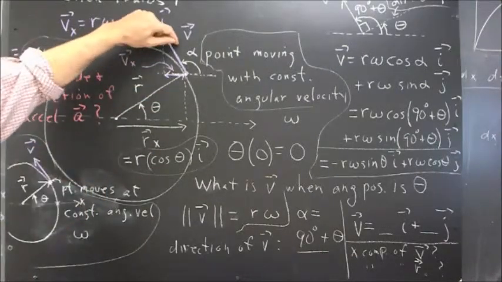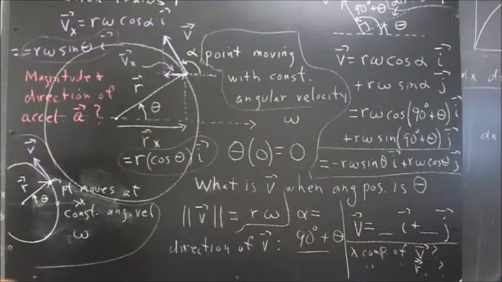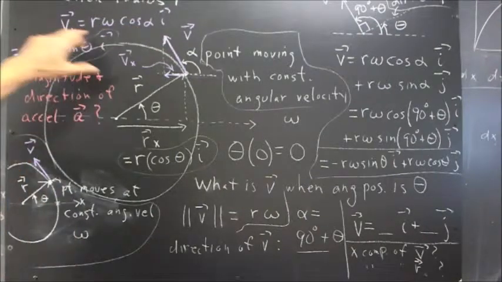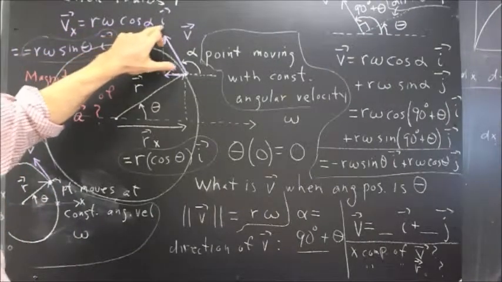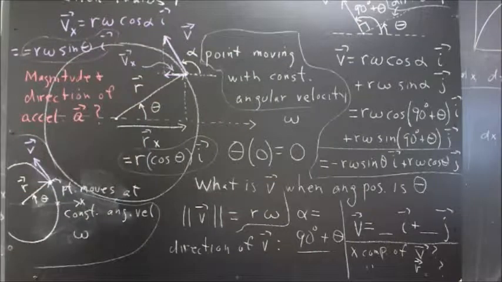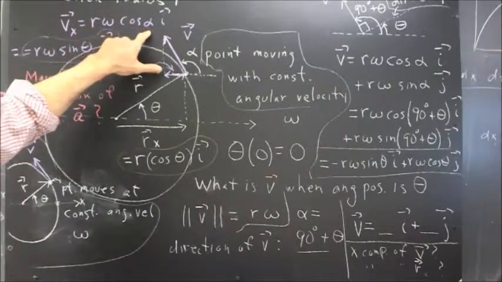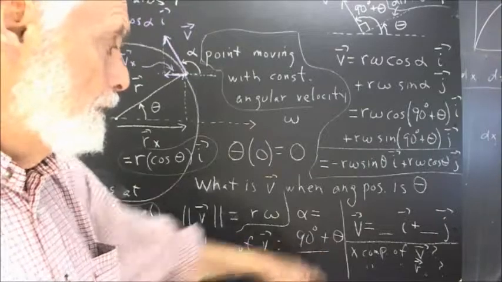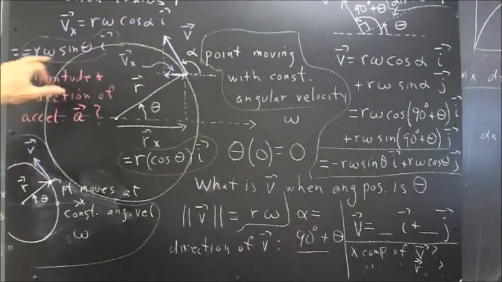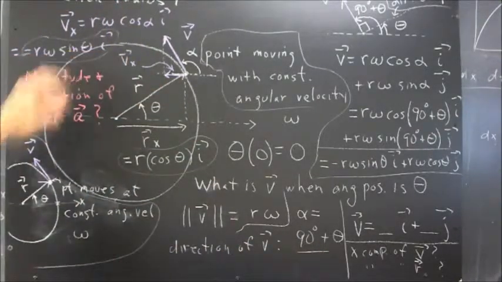What are the x and y components of the velocity vector? Well, Vx is just r omega cosine alpha times i, and what's the cosine of alpha? Alpha being 90 degrees plus theta, the cosine of alpha is the negative sine of theta.